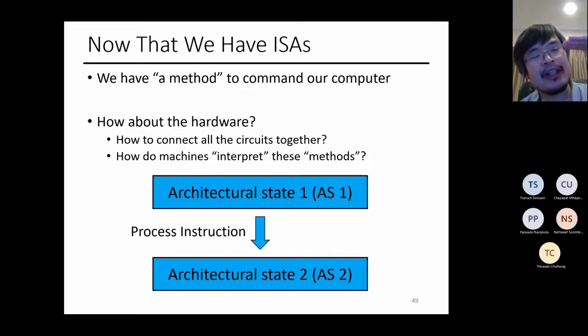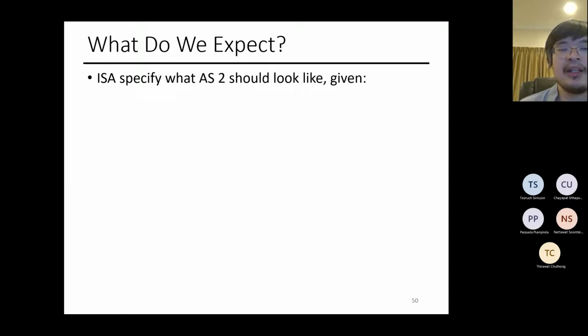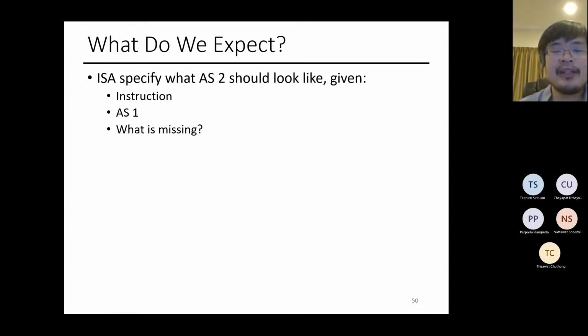What happened when you have the ISA and run one line in assembly? You start with a state. You move to the next state. And what are our expectations of this? The ISA will specify what the next state should look like if you give it the instruction and AS1. What's missing here?